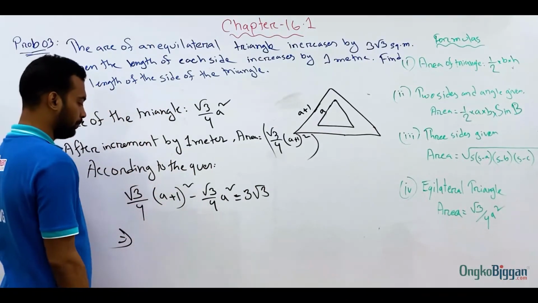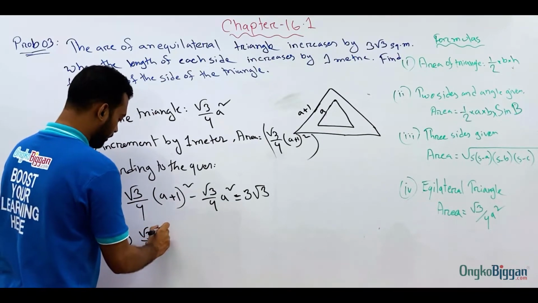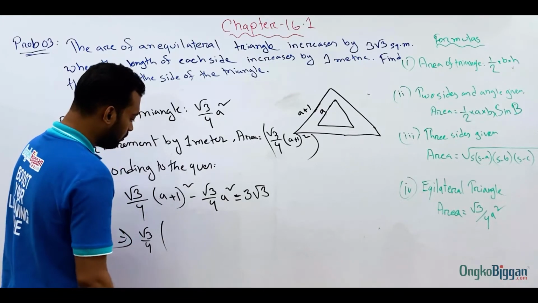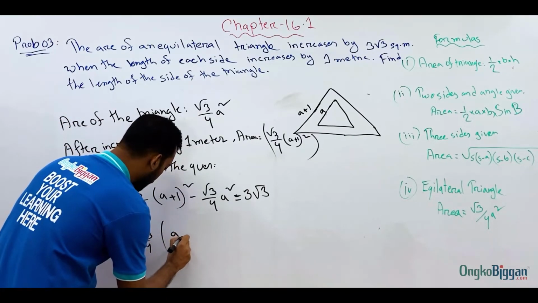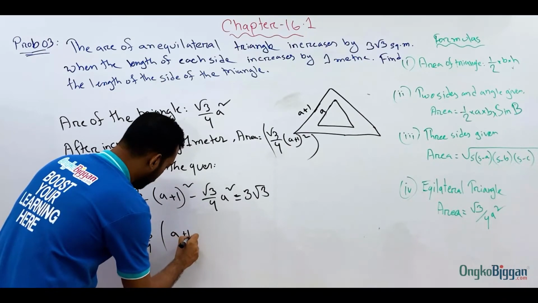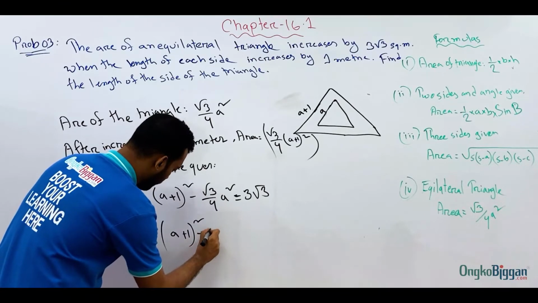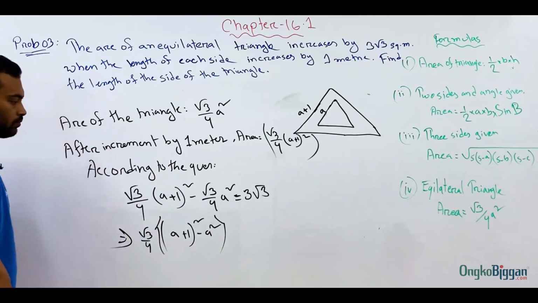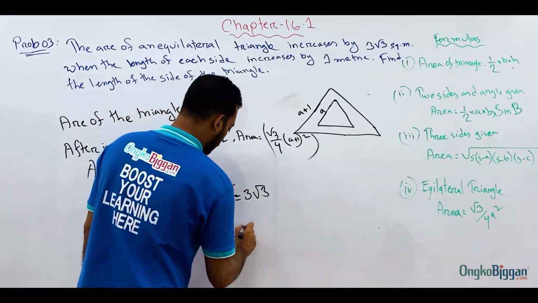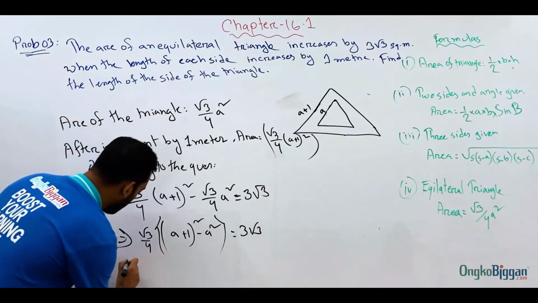Okay, now root 3 by 4, take it as common. So A plus 1 whole squared minus A squared is equal to 3 root 3.